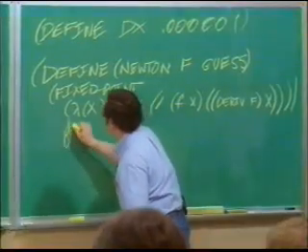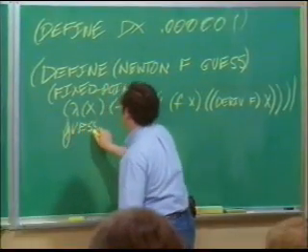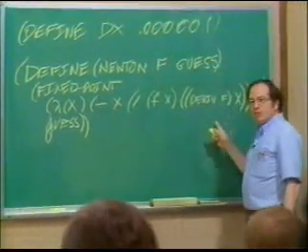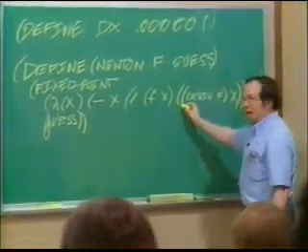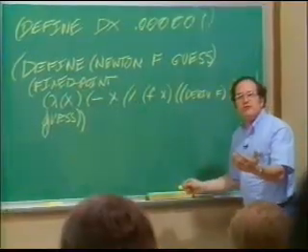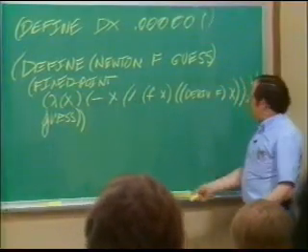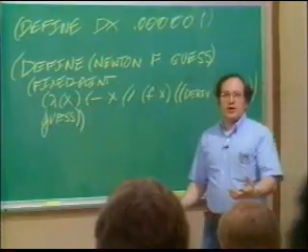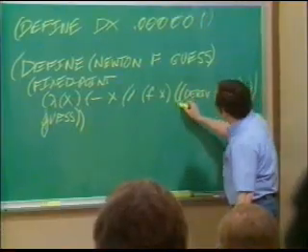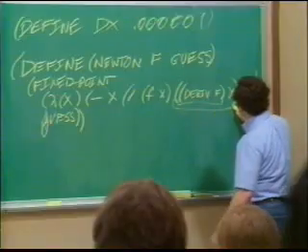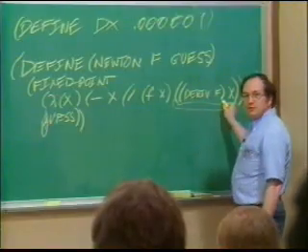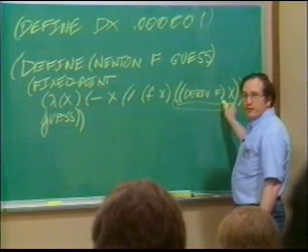Guess. Okay? This is a perfectly legitimate program because what I have here, remember the evaluation rule. The evaluation rule is evaluate all of the parts of the combination, the operator and the operands. This is the operator of this combination. Evaluating this operator will, of course, produce the derivative of f.